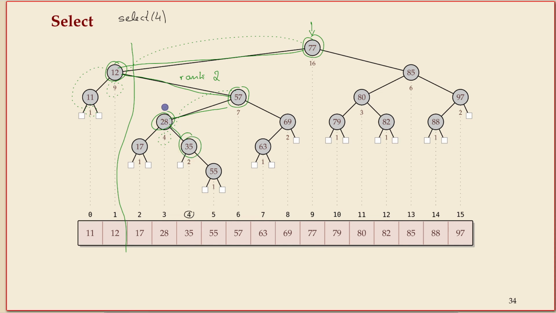But now we have, again, 2 nodes that we have to exclude. So here we excluded these 2, here we excluded these 2. So we recurse on this subtree, but now we want to find the node of rank 0 in this subtree. And because this one doesn't have a left child, the root is at rank 0. And so we return the root, which is 35.